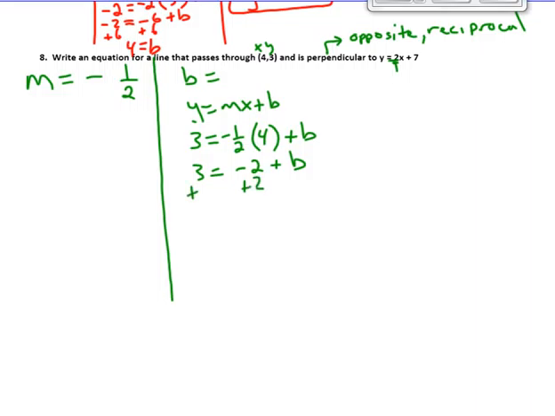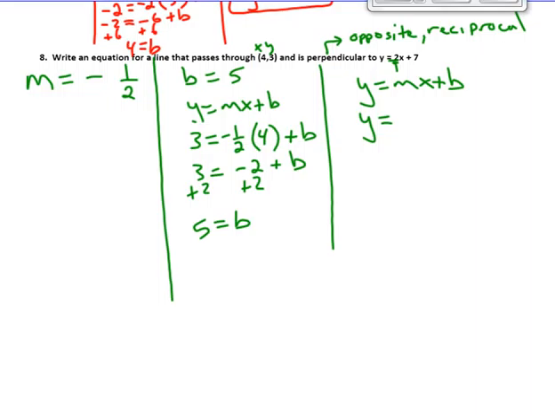Add 2 to both sides. 3 plus 2 gives me 5, and b is equal to 5. Writing the equation, y equals mx plus b, filling in the slope, negative 1/2, and the y-intercept, I end up with y equals negative 1/2 x plus 5 for a line that's perpendicular to the one they gave us and goes through the point 4, 3.